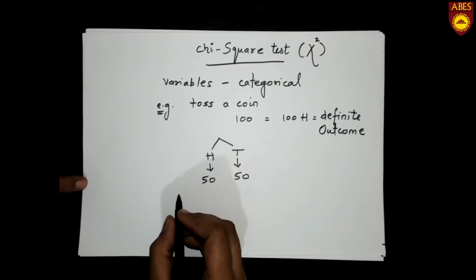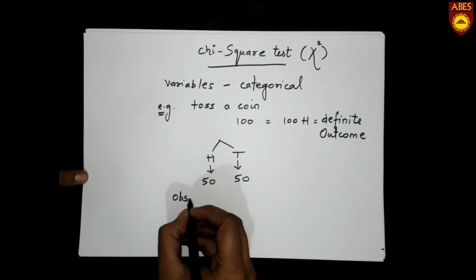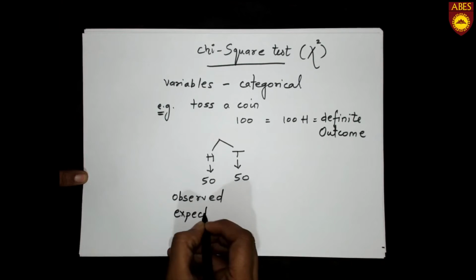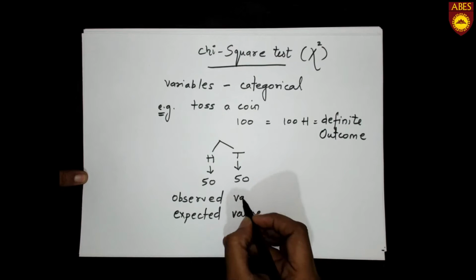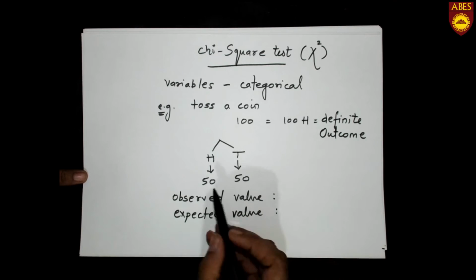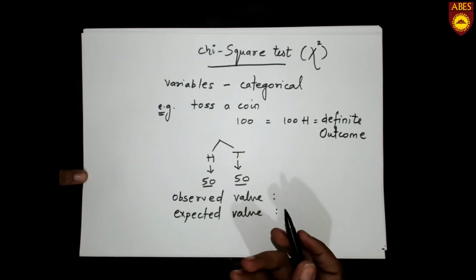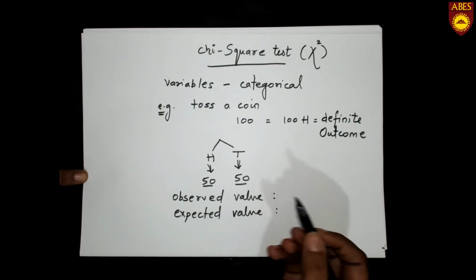Now, in this test I need to be concerned about my observed value and my expected value. What is the meaning of observed value and expected value? If I am tossing a coin 100 times, the expected value of head can be 50 and of tail 50.